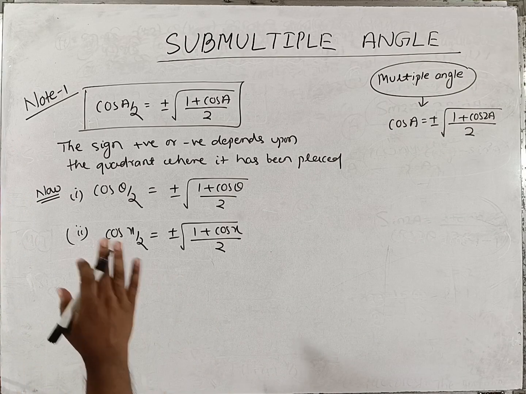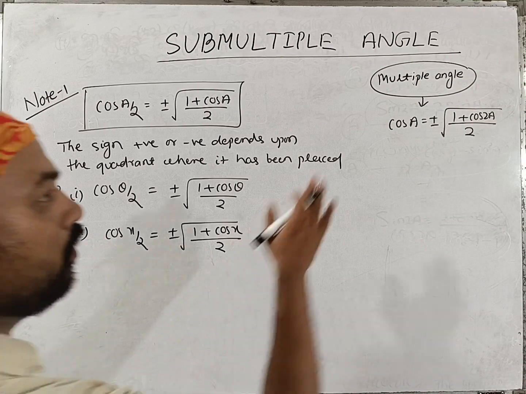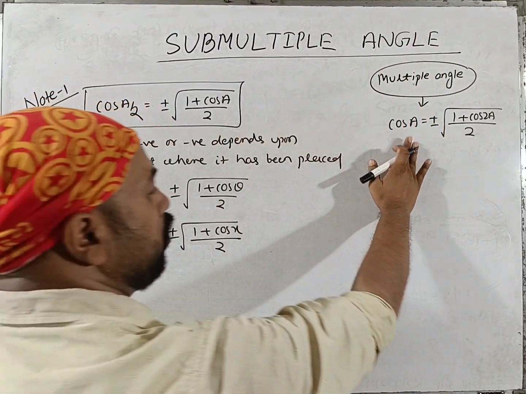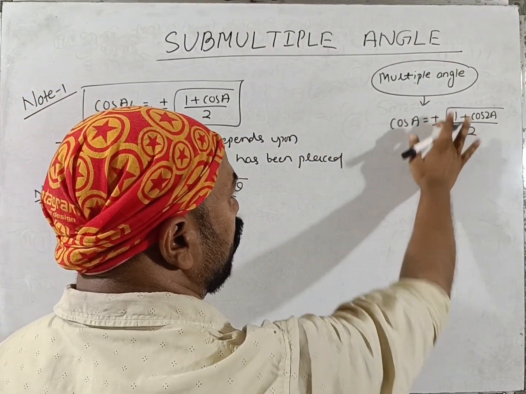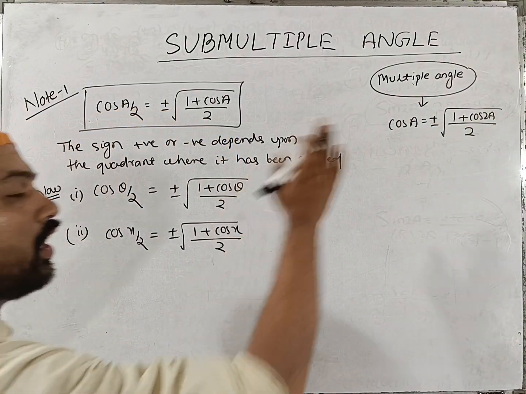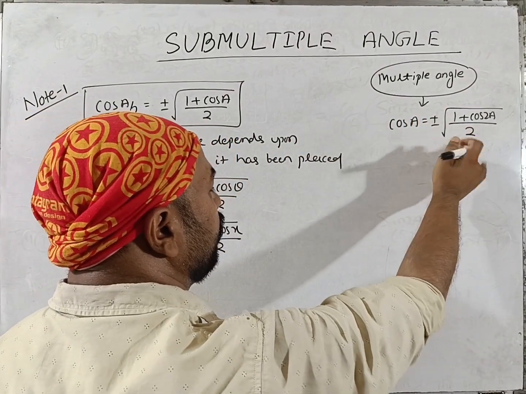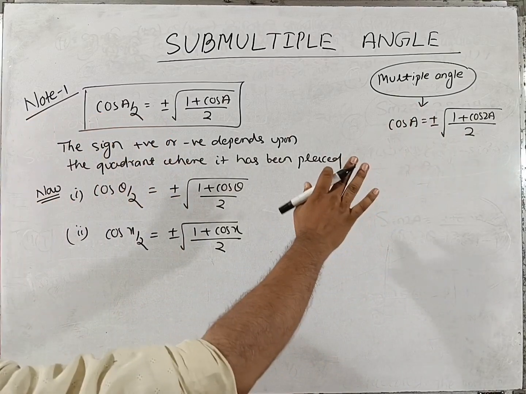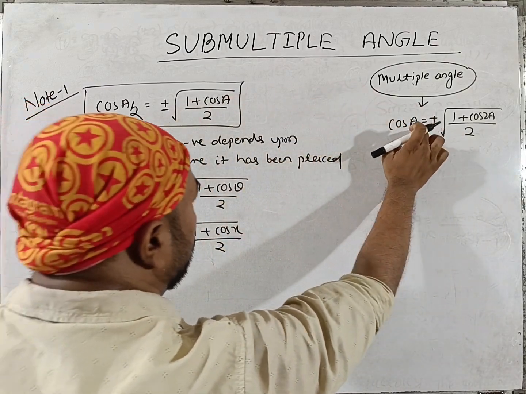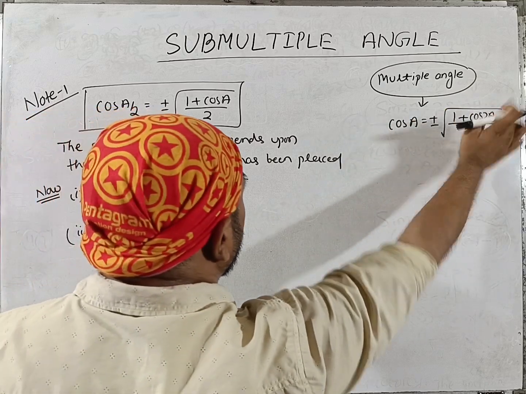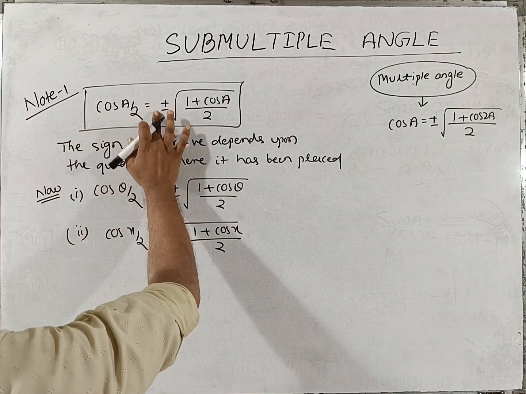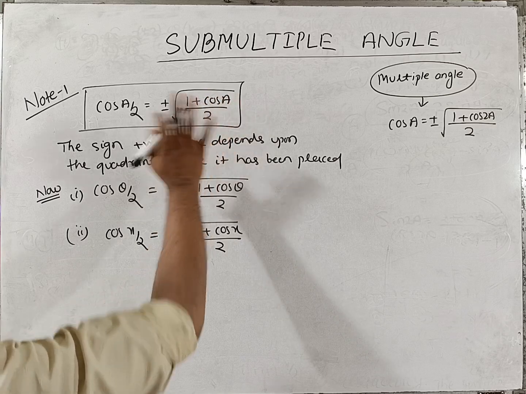Here is note 1 for formula number 4. In the multiple angle topic, we have already discussed that cos A is equal to plus minus square root of 1 plus cos 2A divided by 2. And here the sign positive or negative depends upon the quadrant where it has been placed. So putting A by 2 in place of A and A in place of 2A, we have cos A by 2 is equal to plus minus square root of 1 plus cos A divided by 2.